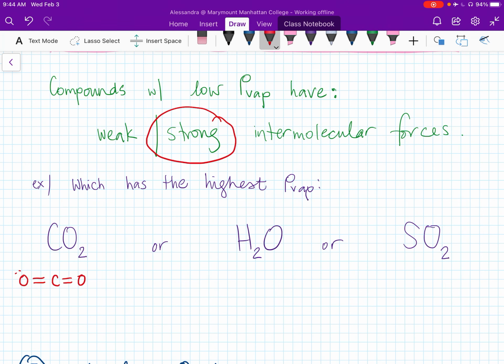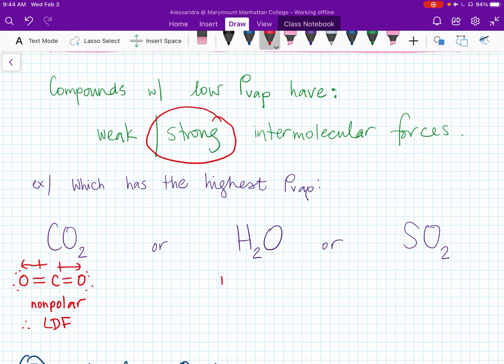So carbon dioxide, if I draw its Lewis structure, it's a linear molecule. And though it contains polar bonds, the bond dipoles go in equal and opposite directions, so the dipoles cancel. And carbon dioxide is actually a nonpolar molecule. Therefore, the strongest forces present are going to be London dispersion forces only.